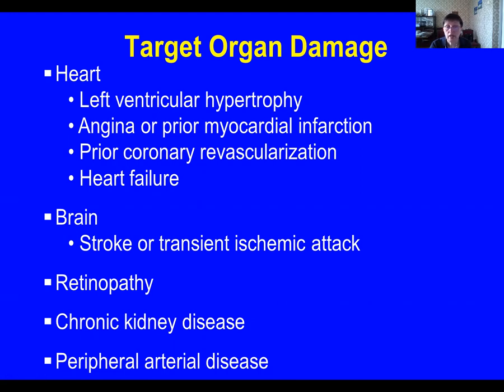Then it may be angina or myocardial infarction, and as a result, heart failure. As for the brain, of course, it may be stroke, and it may be retinopathy. Chronic kidney disease may be not only the cause of hypertension, but also the consequence of essential hypertension. And atherosclerotic lesions lead to affection of the peripheral arteries.